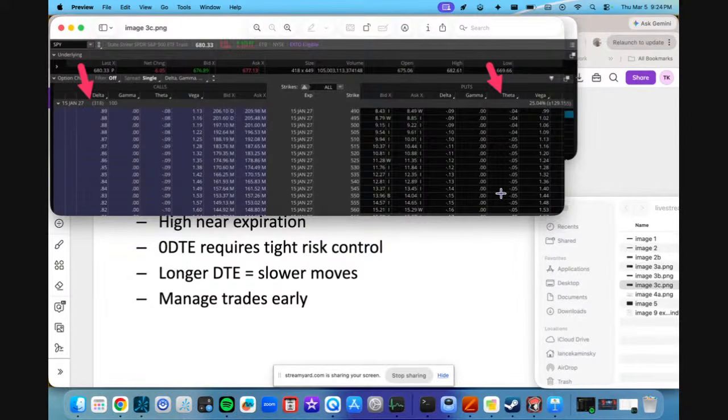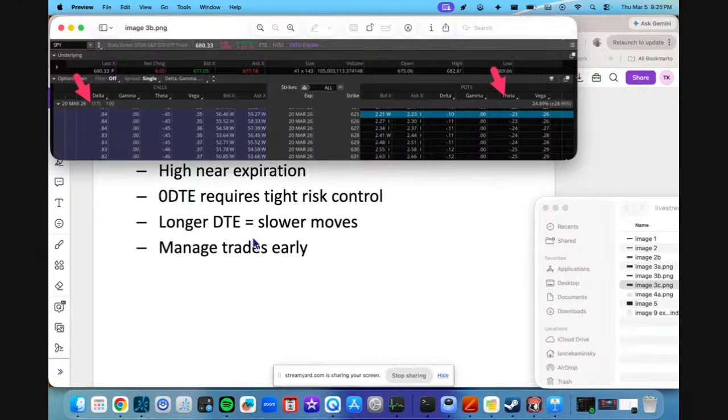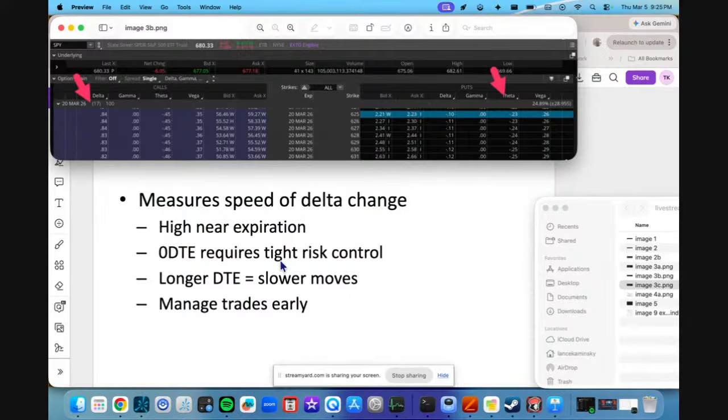If you have a dollar move in a certain direction, your delta will tell you how much the premium will change. And as it moves closer and closer, the gamma could increase as well, which influences your delta. That was a little confusing, but in general, you want to manage your trades early if you're worried about gamma changing the deltas a lot.